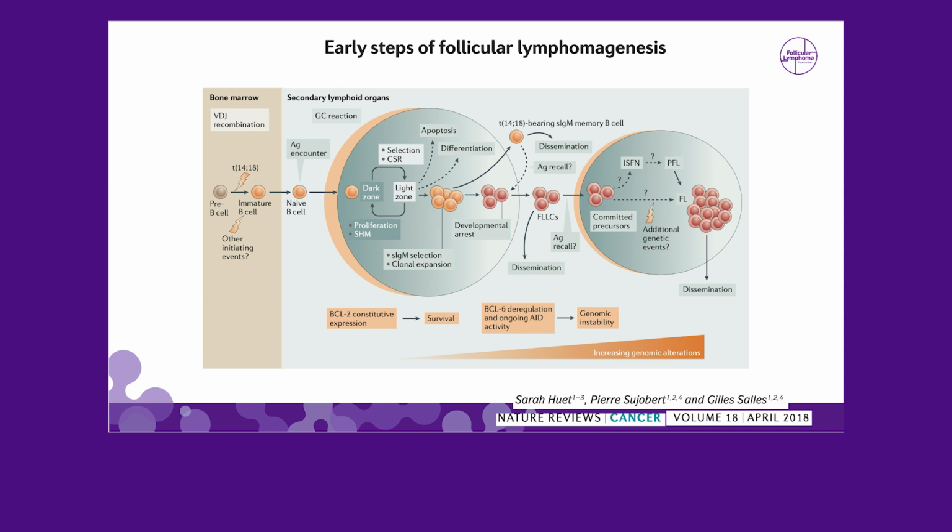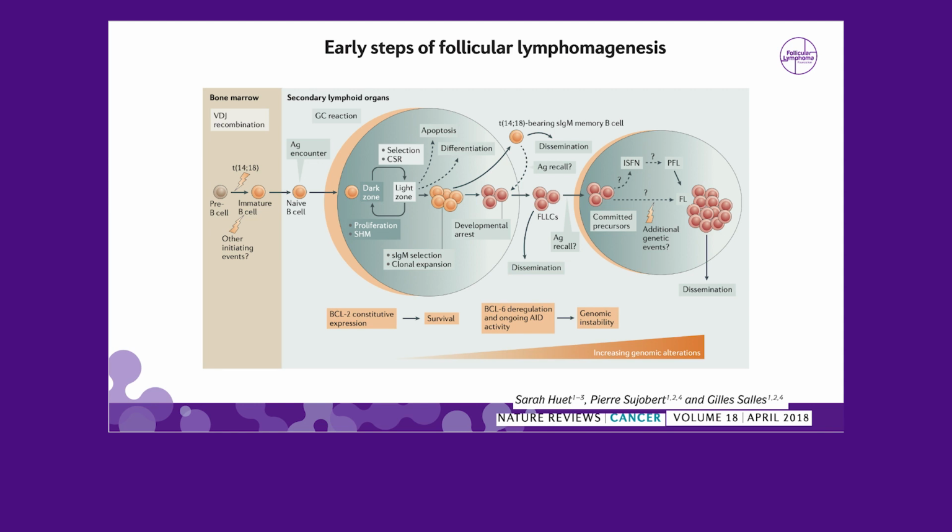There are some indications that maybe a higher level of these cells is associated with increased risk to develop follicular lymphoma. By the way, the phenotype of these cells is surface IgM positive, surface IgD positive, and CD27 positive, indicating that actually these are memory B cells, and they are there.